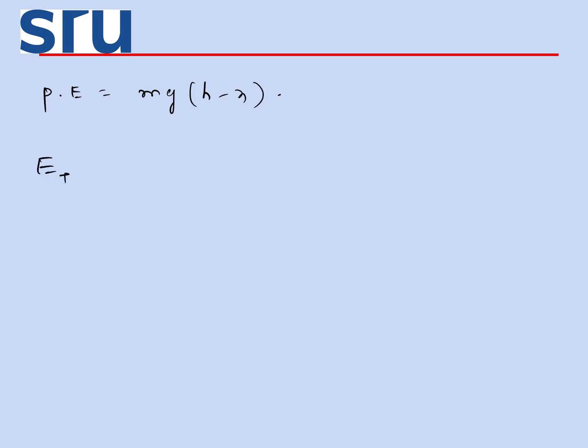Now E, the total energy at point B, is equal to the sum of the kinetic energy plus potential energy. Therefore, kinetic energy is half m v squared, which is mgx, plus mg(h minus x), the potential energy.